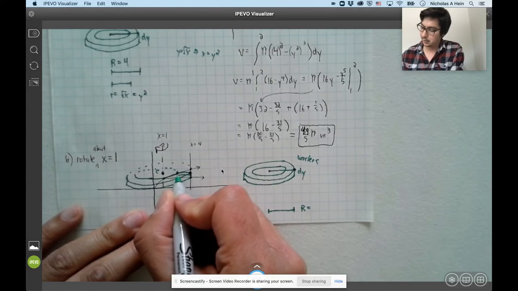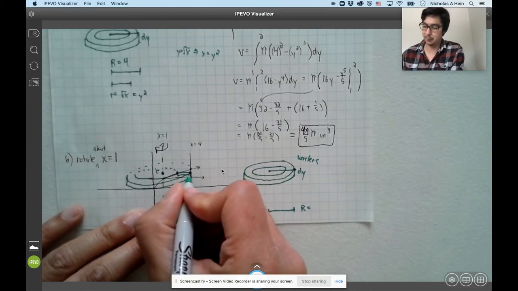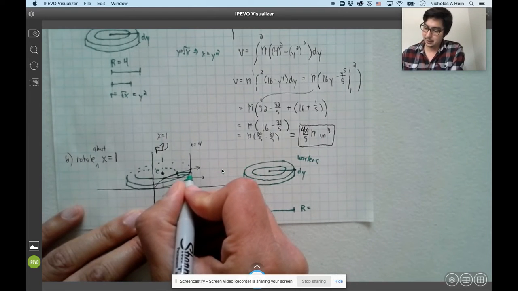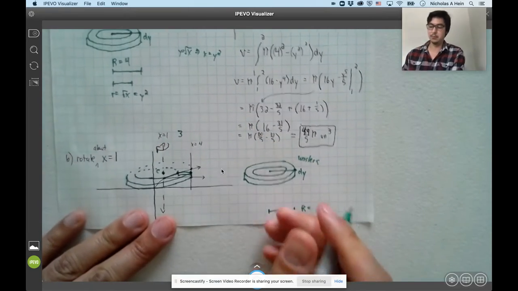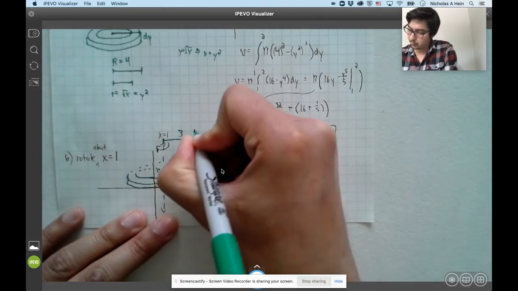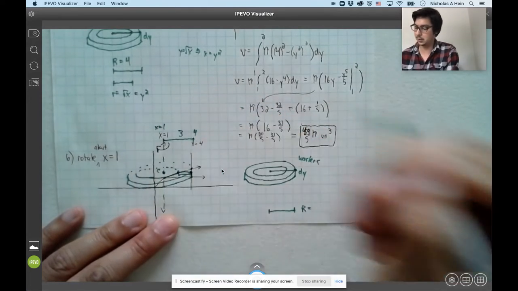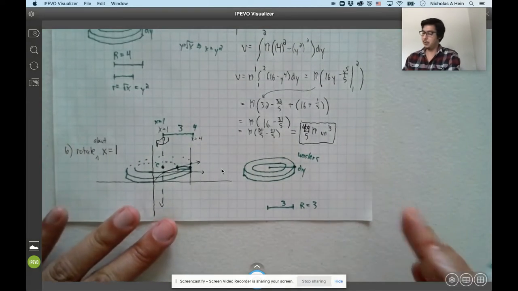That would be a distance of, well, sorry, why am I saying to the curve? We're not going to the curve. The distance from 4 to this, which is 1, is just the distance of 3. All right, that's 4, that's x equals 1, so the distance there would be 3. Outer radius is 3.